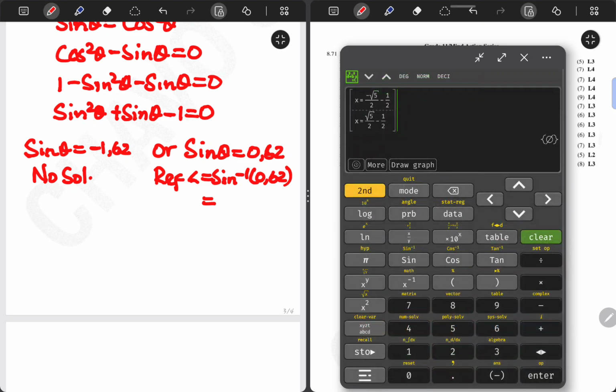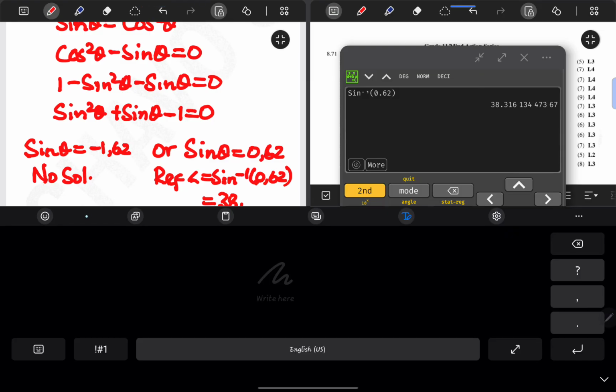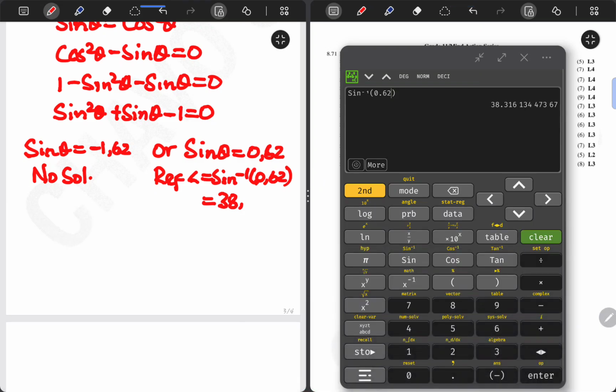Let's see what we're going to have. So second function sine 0.62, and that will be 38.32. Okay.